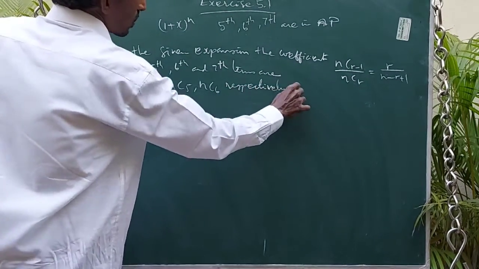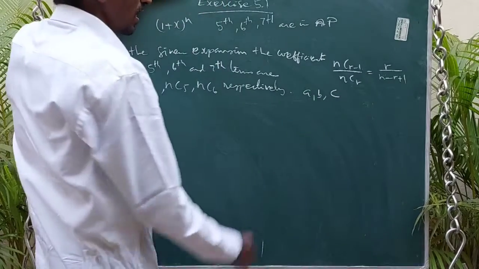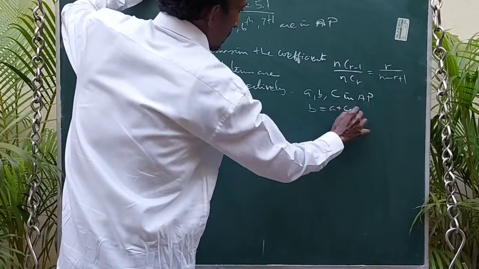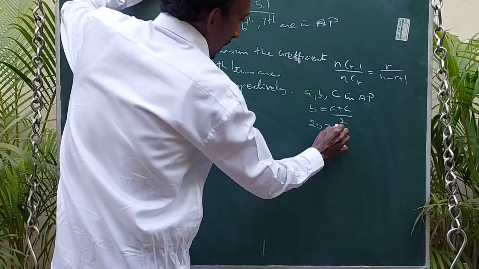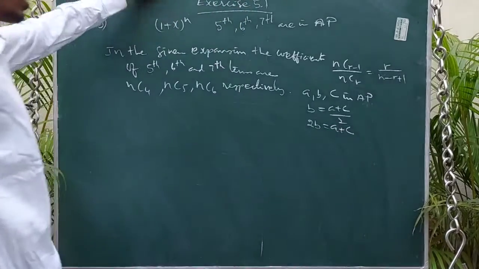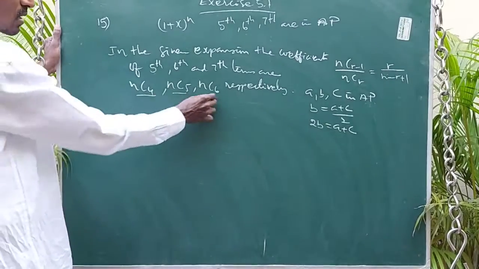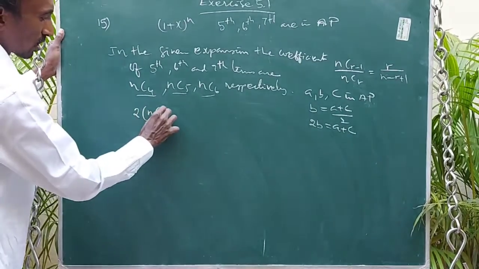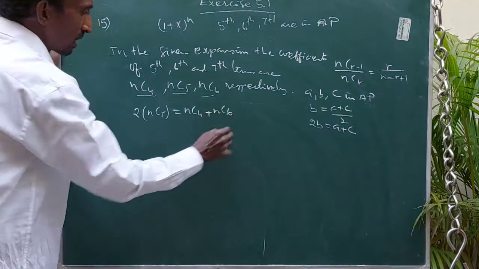So listen my dear student, if A, B, C are in AP, then B equal to A plus C by 2 or 2B equal to A plus C. So 2B equal to, we are going to use this one. This is A, B, C. If we use that one, what we are getting? 2 into NC5 is equal to NC4 plus NC6.